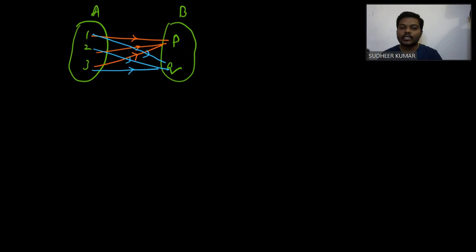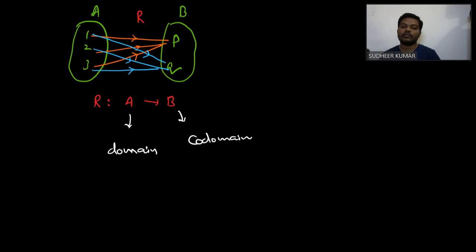Then we say that the relation is defined from A to B, denoted as a relation from A to B. In this, set A is called the domain and set B is called the codomain, right?